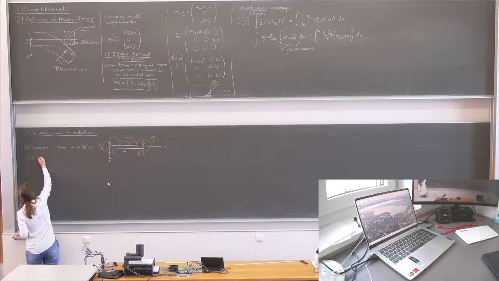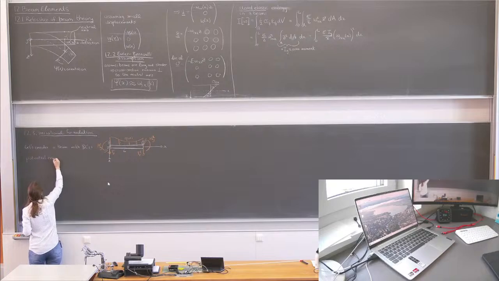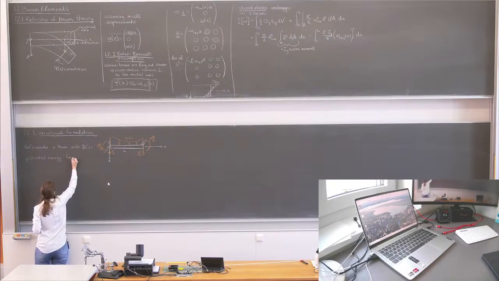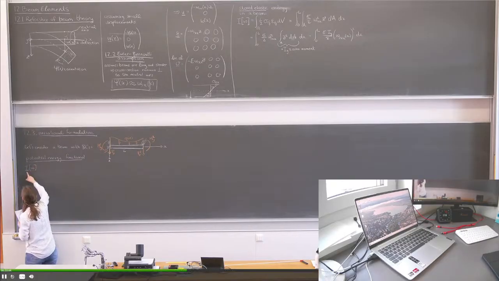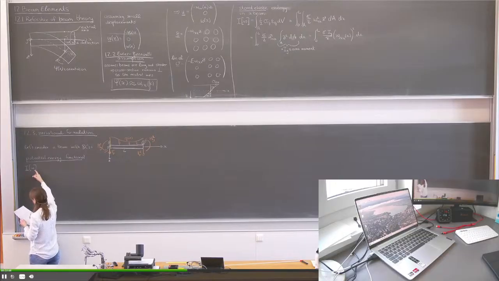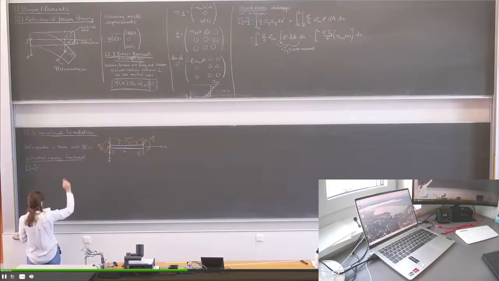And with this, let's write out our potential energy functional. And this will get a lot of writing, but let's go for it. So here now we want the functional, so we have I of w, right? Our total potential as a function of w, which is the energy inside the beam, which we wrote down up there.